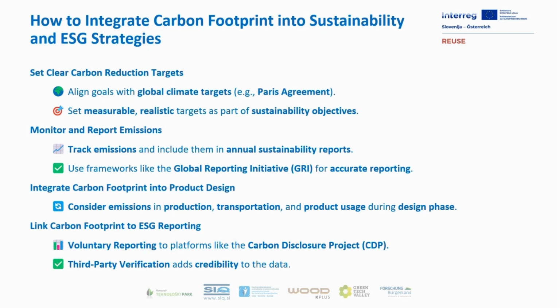Additionally, reducing carbon footprints should be integrated into product design to minimize emissions throughout their life cycle. For ESG reporting, disclosing carbon emissions through platforms like Carbon Disclosure Project and having data verified by independent third parties enhances credibility and attracts investors.